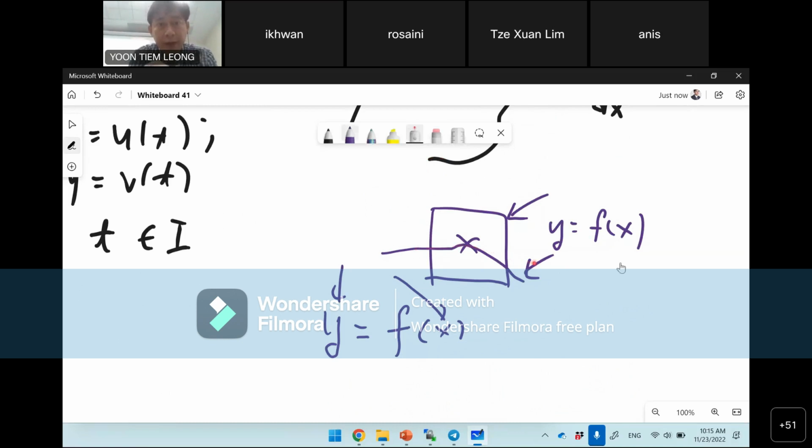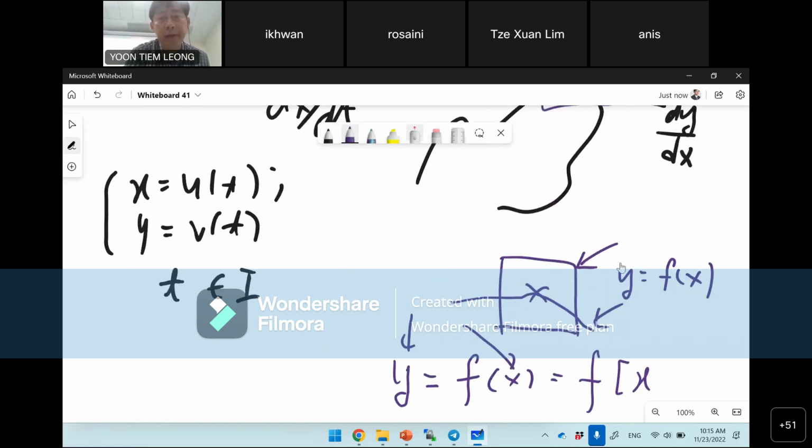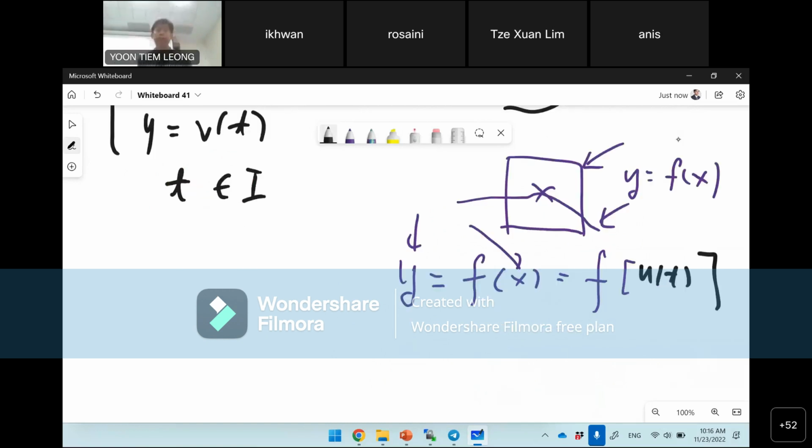So you can write y equals f(x), as f acting on the values of x, where x is actually given by the function u of t. So you express x in terms of the parametric equation u(t).